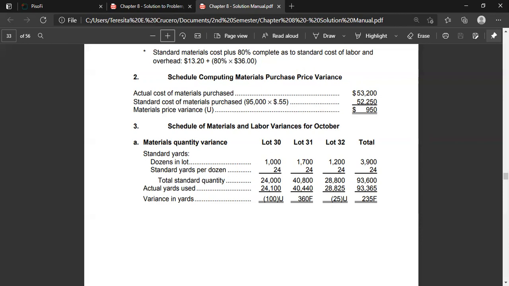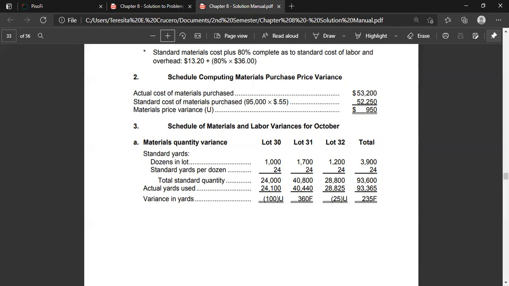So we have lot number 30 with units given at 1,000, lot 31 with 1,700, and lot 32 with 1,200. Then you have to multiply this by the standard yards per dozen, which is equal to 24.